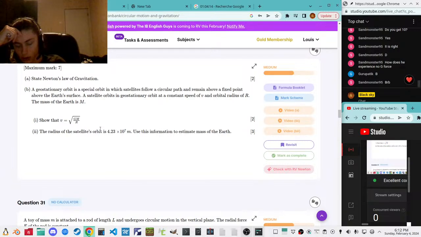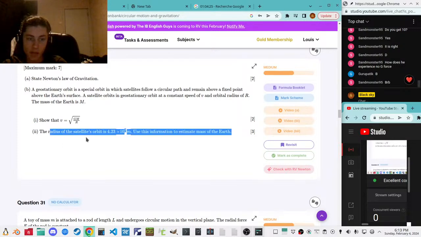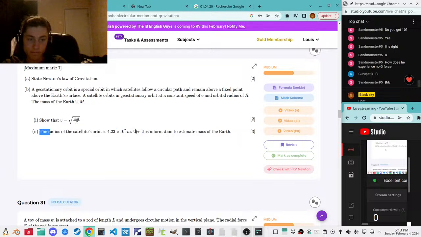We can do that. Substituting this thing, this thing, this thing. Fair enough. We already have the satellite's orbit. Use this information to estimate the mass of the Earth.